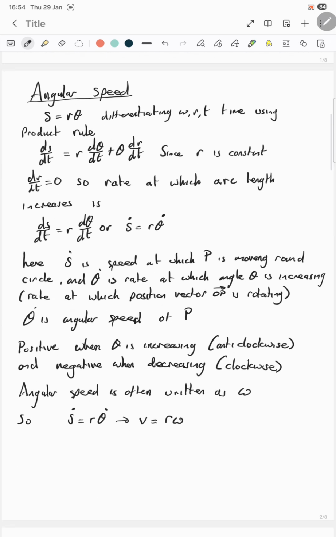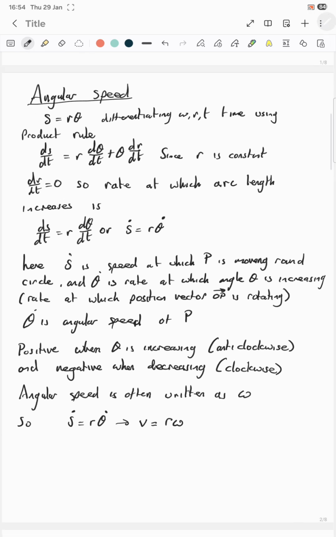Now to form the angular speed, we have s equals r theta, and differentiating with respect to time using the product rule, it gives us this, where since r is a constant, dr by dt equals 0, so the rate at which the arc length increases is given here.